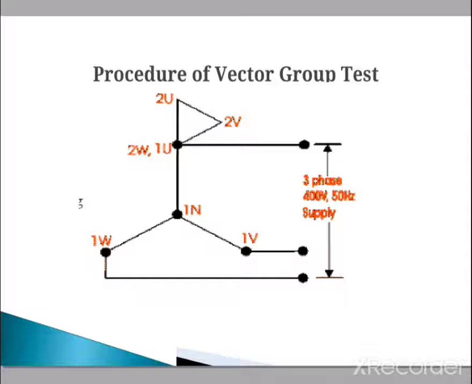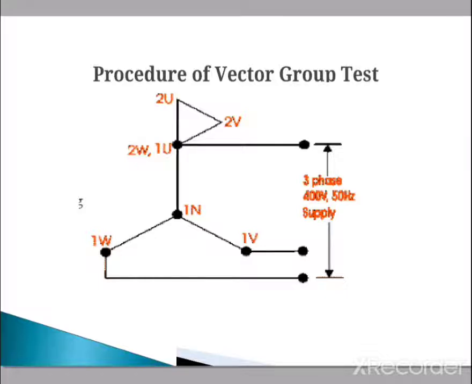First, connect the neutral point of the star connected winding with the earth. Then join 1U of HV winding and 2W of LV winding together. Then apply the 415 volt 3-phase supply to the HV terminal.